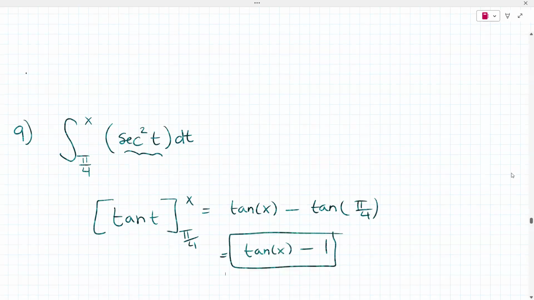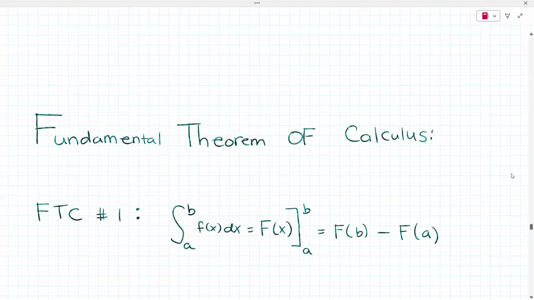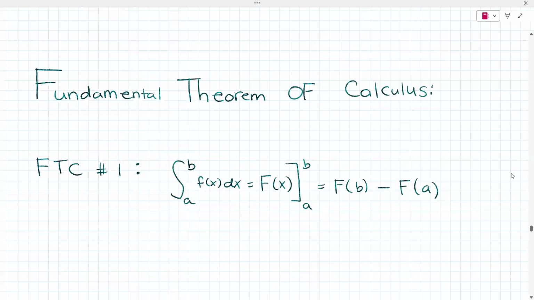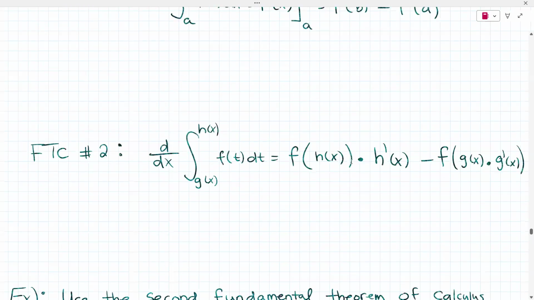Now let's talk about FTC number 2. So fundamental theorem of calculus, FTC number 1 is what we just did. You apply the upper minus the lower. And then FTC number 2 is this one. So when would I use this? You would use this to find f prime of x.